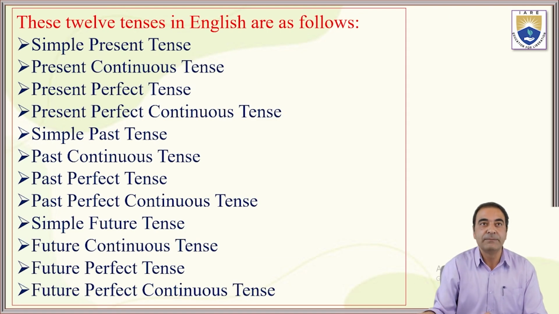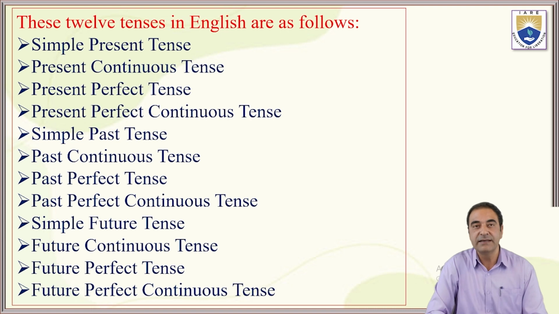We have, for example, simple present tense, or you can say present simple tense, or present indefinite. And then we have the second one, that is present continuous tense. Third one is present perfect tense. Then we have the fourth one, that is present perfect continuous tense.